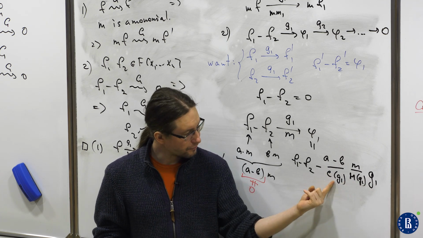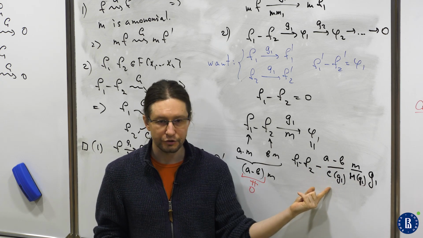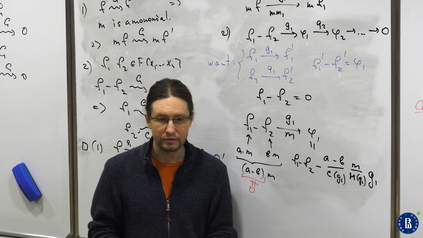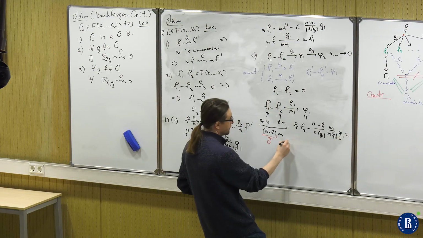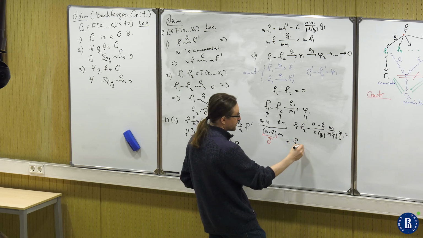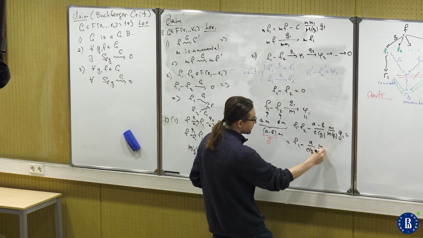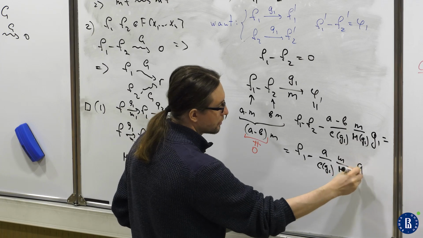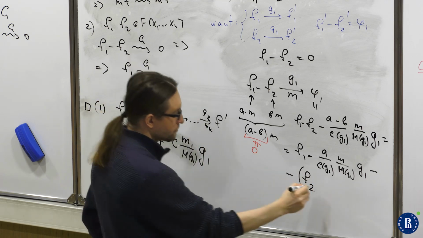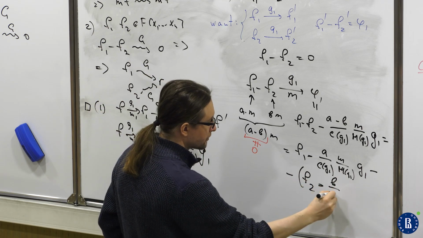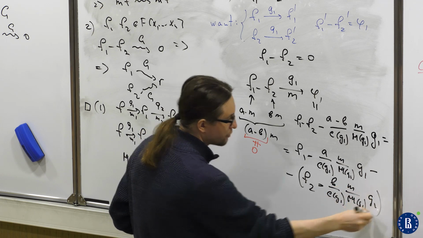So I should divide by this and multiply by this. So that's how I get the required leading coefficient. And now I can cancel what's given here. But now I can rewrite this as follows. F1 minus A over CG1 M over MG1 G1 minus F2 minus B CG1 M over MG1 G1.